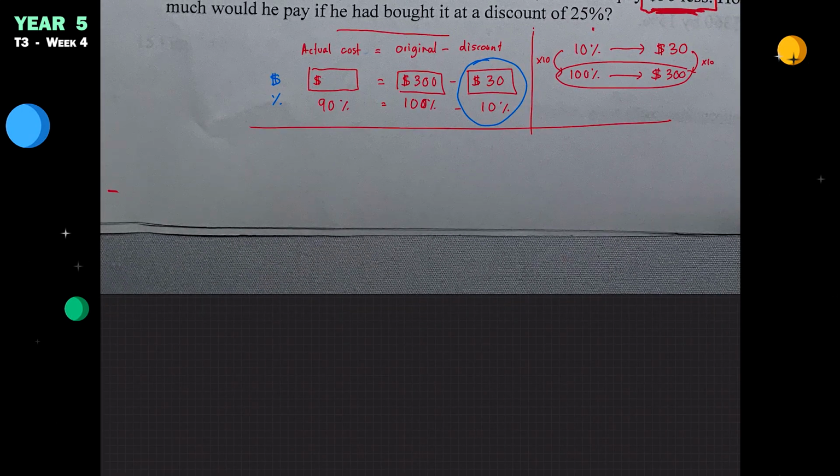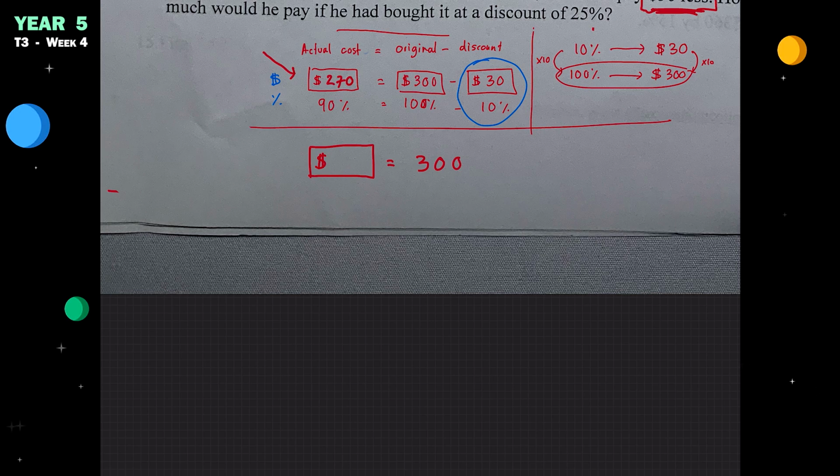By the way, this will be 270. Anyway, just fill that in. That's how much you would pay if it was a 10% discount. Now the question is, how much would you pay if it was a 25% discount? Well, let's work it out. We know our original price is $300.